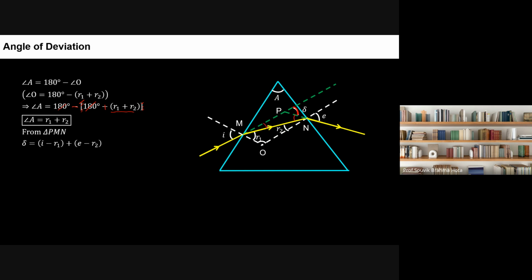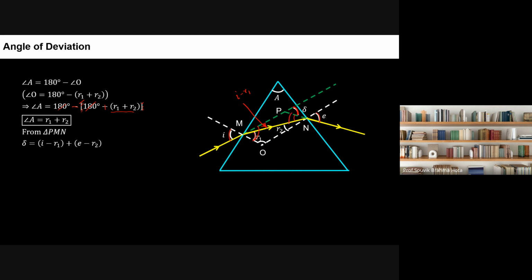Now what is the sum of these two angles? See, angle I, and this total angle is also angle I, vertically opposite, but this below angle is angle R1. So the small angle will be angle I minus angle R1. Similarly, here this is angle E.